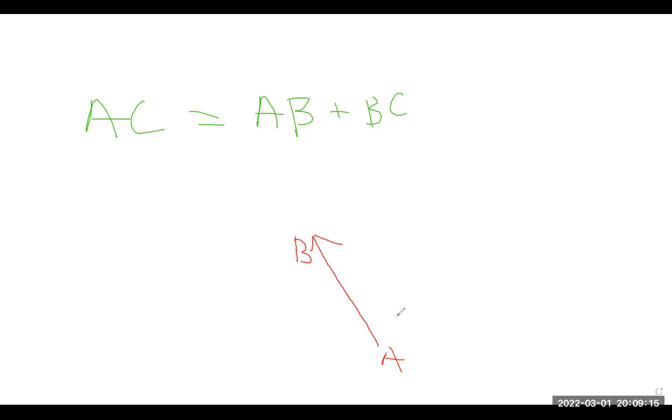Because after going along this vector AB, then I have to go along the vector BC. So starting from B, going to C. So A to B, then B to C. But like I said, those are like the back roads. There's also this straight road right here from A to C. And this is actually called the resultant vector, right?